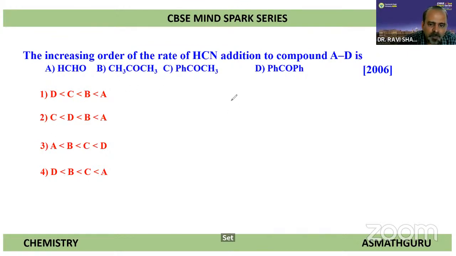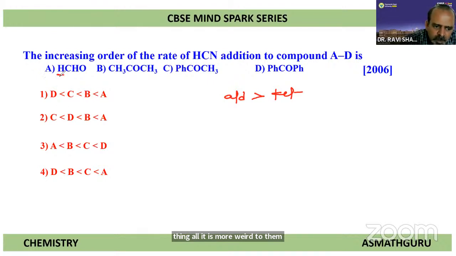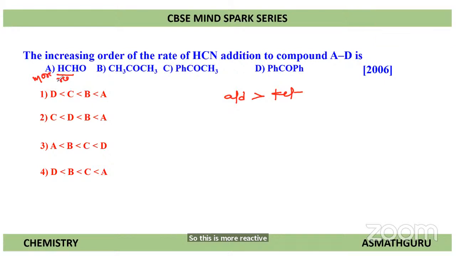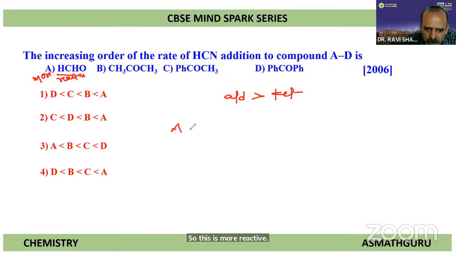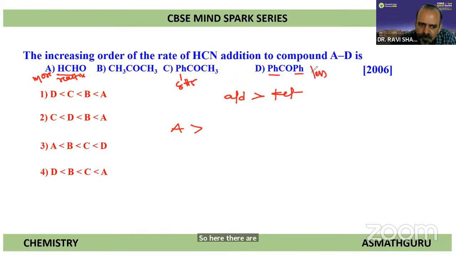No, I told you, always remember, first thing: aldehyde is more reactive than ketone. Where is the aldehyde? A is the aldehyde, so this is more reactive. It will be last. A is more reactive than everybody. Then what is Ph? Ph is benzene, C6H5. The more benzene rings, the more steric hindrance. So here there are more Ph, so this is less. Here only one Ph is there. Here no Ph. So A is more than B, B is more than C, C is more than D.